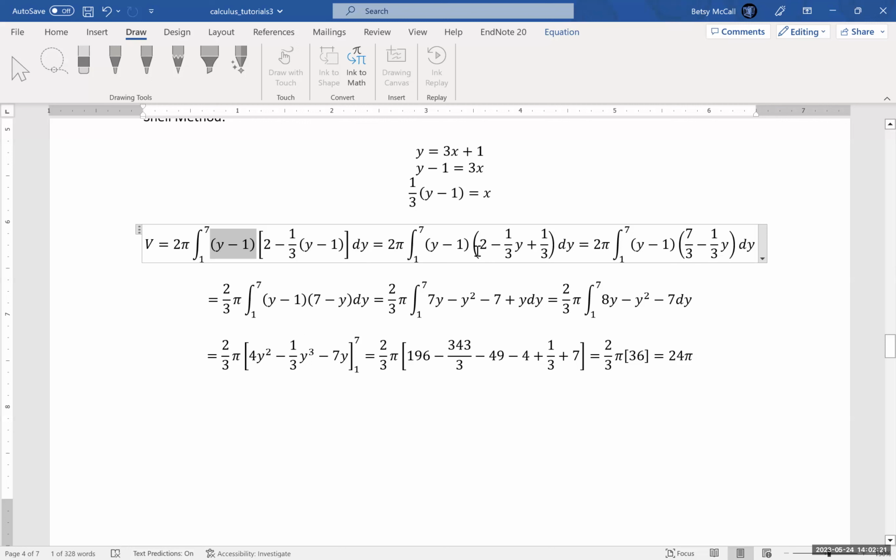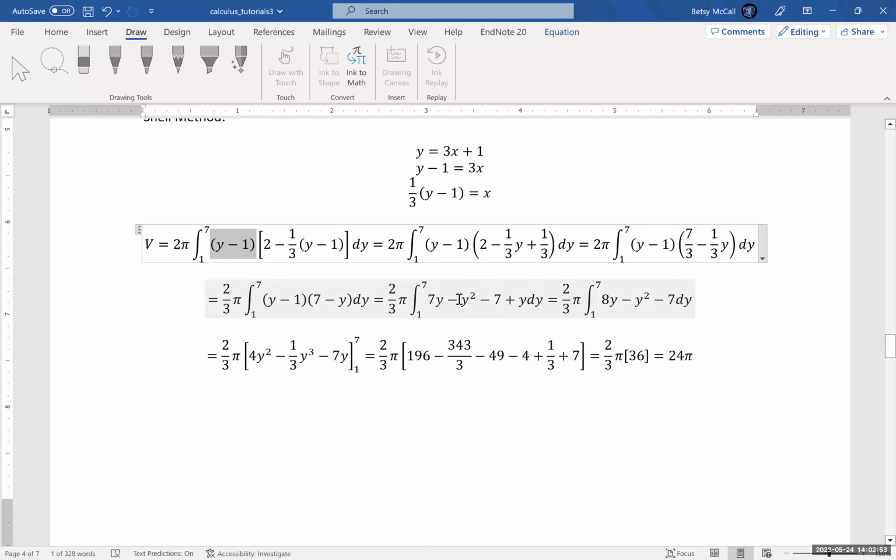So we distribute the negative 1/3 here, and then we need to combine like terms. 2 plus 1/3 is 7/3. Here's our minus 1/3. Then I pulled out the 1/3 just to make my life a little easier. Pulling the 1/3 all the way out of the integral, I have 7 minus y instead of 7/3 minus 1/3 y.